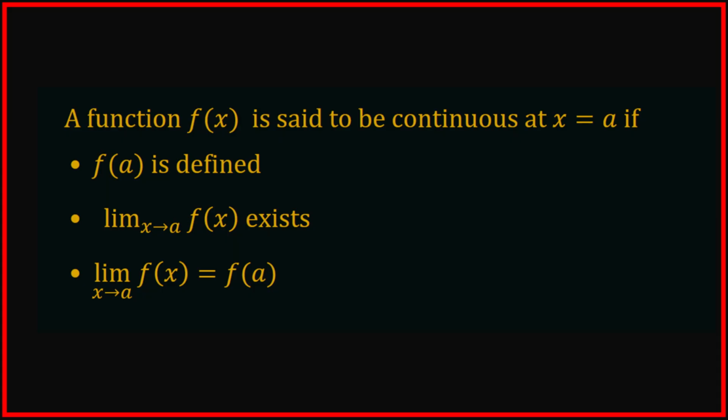And the third thing, that both are equal. So notice one thing: the first condition is the existence of the function at the very point itself. If f(a) does not exist, the question of continuity doesn't even arise. And maybe that's the point of confusion many students have.